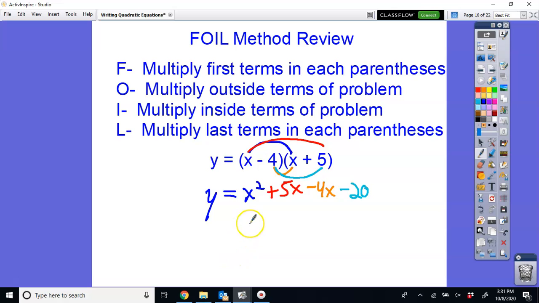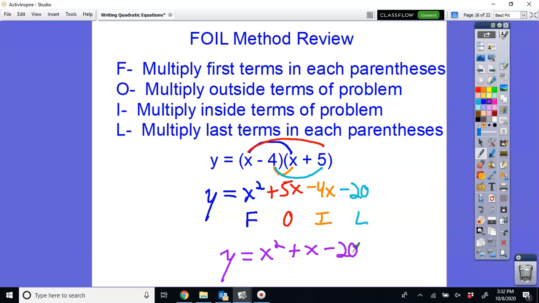That is, like we said, first, outside, inside, and last. When you collect your like terms here, you end up with y equals x squared, 5x and negative 4x is 1x, and then minus 20. There's that standard form of a quadratic.